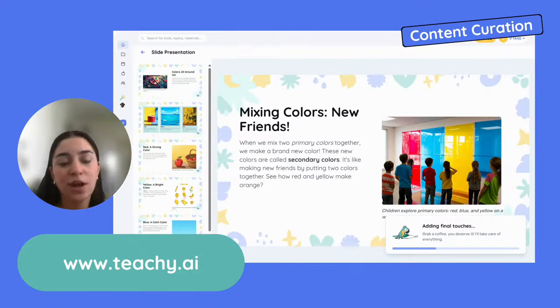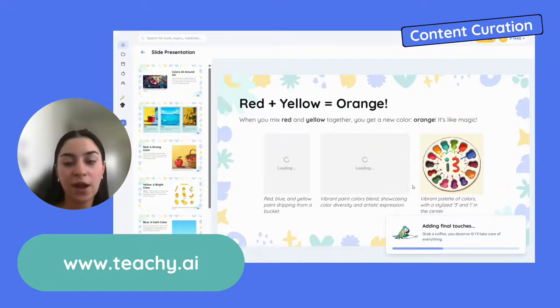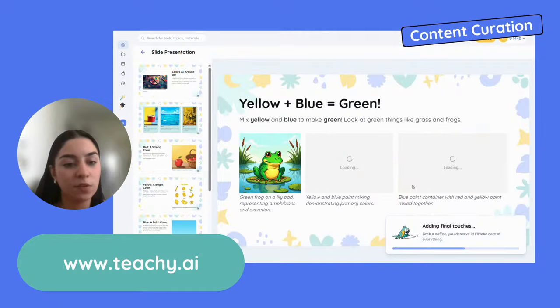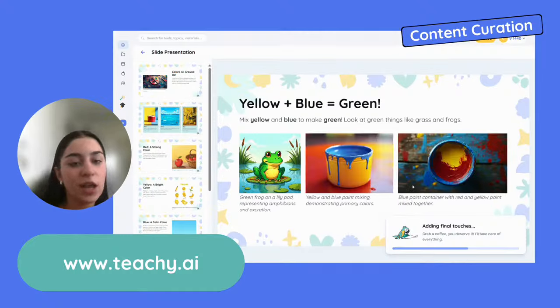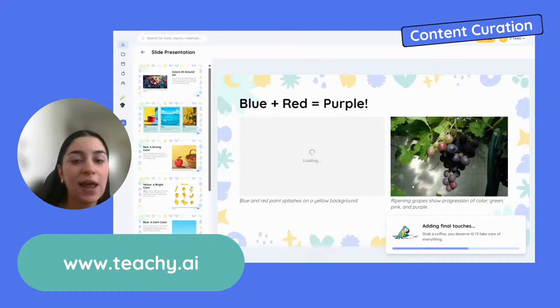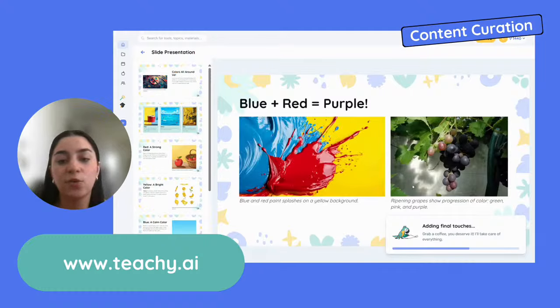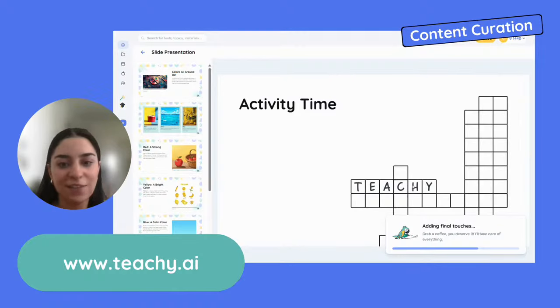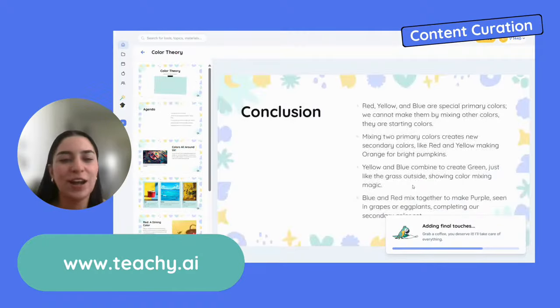So I chose arts and color theory, and now I will check if the results of the AI were enough or were what I was expecting, if I need to change anything before my class, if there's something I would like to add or remove, or even if I want to add a game or an activity to engage my students even more.